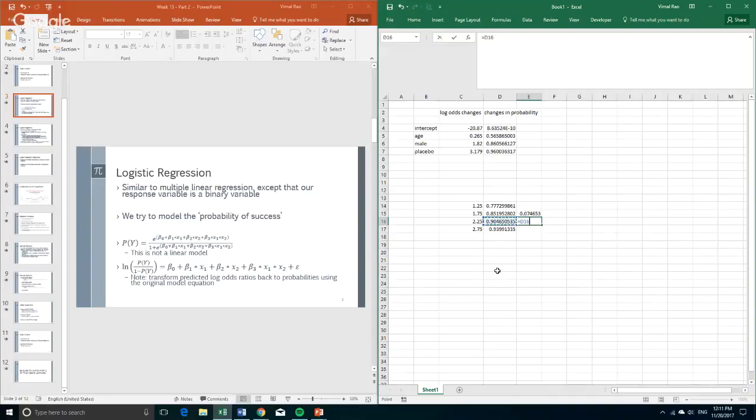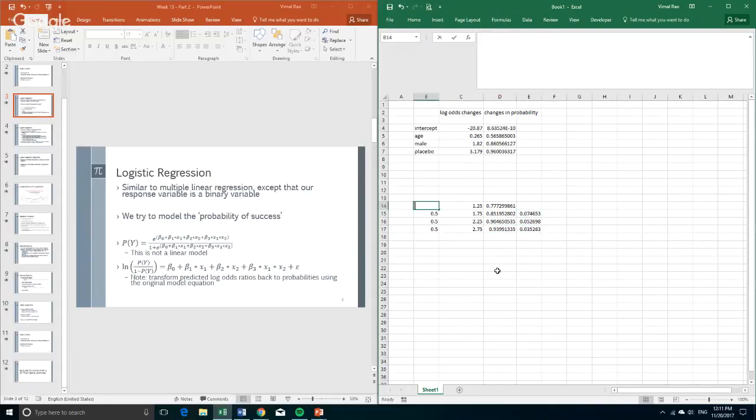Now, if the log odds increases another 0.5, probability only increases by 0.05. And if the log odds increases by another 0.5, probability only increases by 0.35. So these were all equal increases in log odds. This was plus 0.5, plus 0.5, plus 0.5.